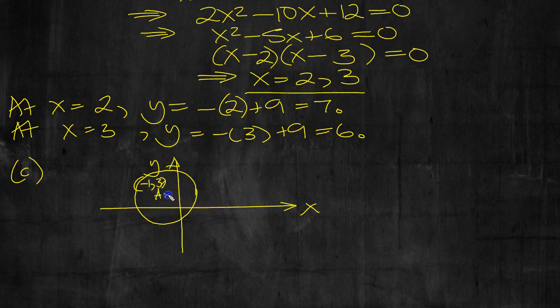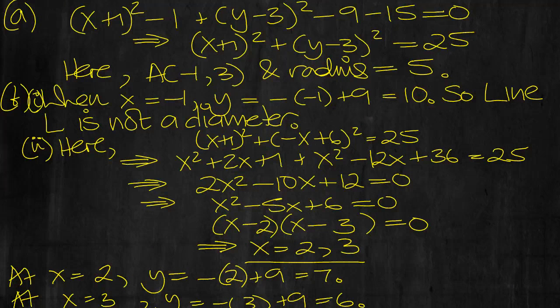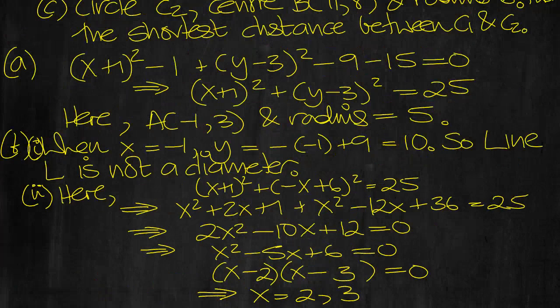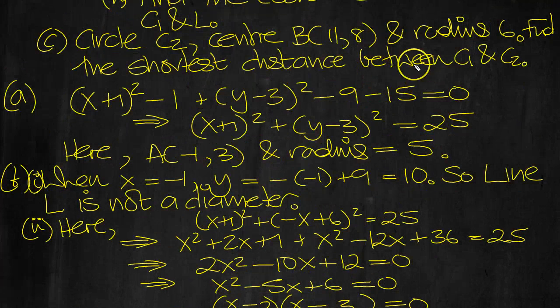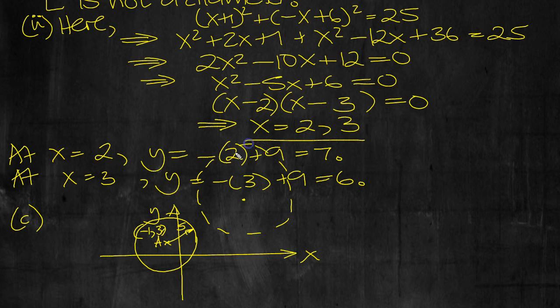And that was circle A. Now circle B. Let's have a look at circle B. 11, 8 and radius 6. 11 and 8, so up here somewhere. And we're going to do a radius 6. I'm just going to draw a dashed circle for this one because it's overwriting some of the lines.